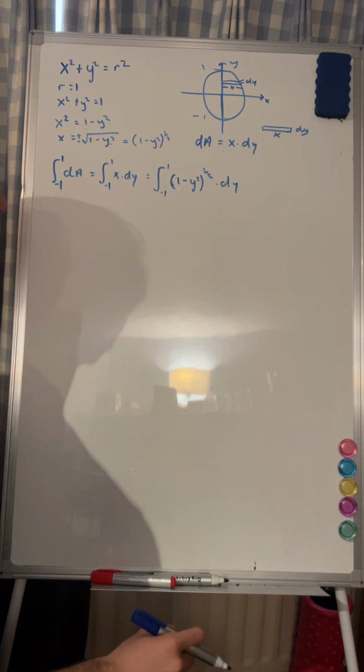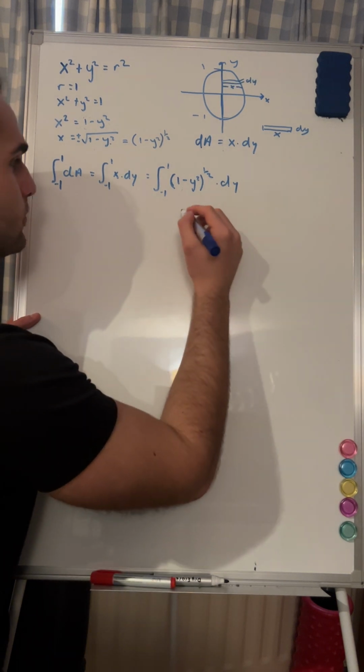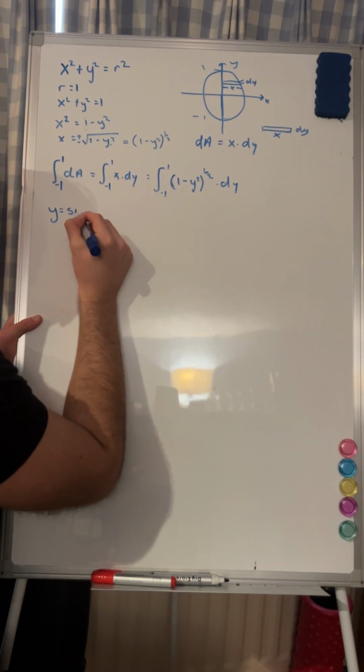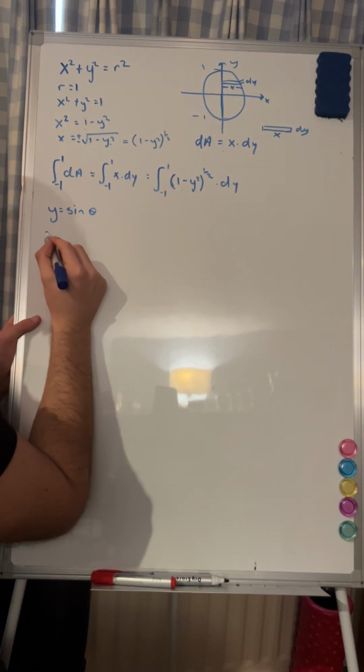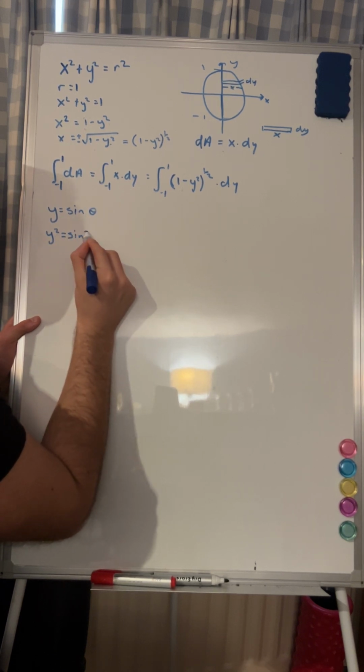Now, we're going to need to use substitution for this. So we say that y equals sine theta. So we can say that y squared equals sine squared theta.